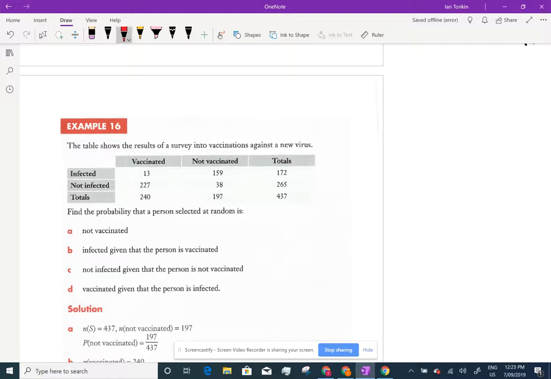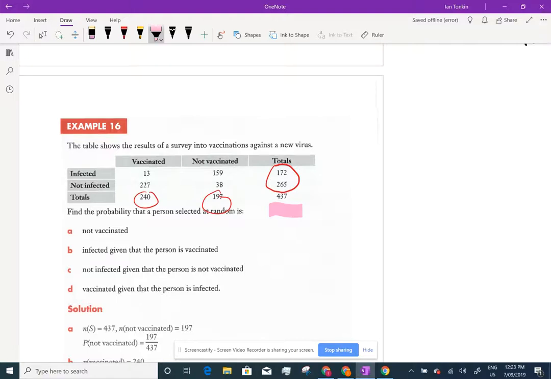These totals here and these totals here, well, these totals are gained by going this way, and these totals are gained by going down this way. And both of those two totals should add up to this number here.